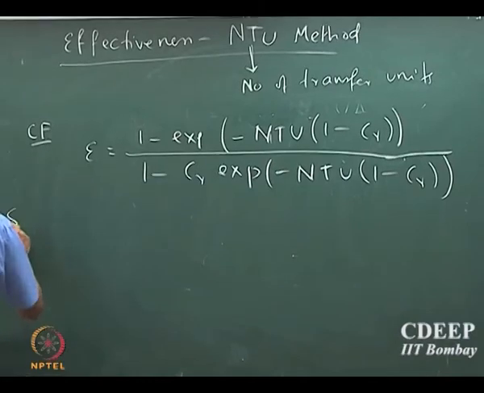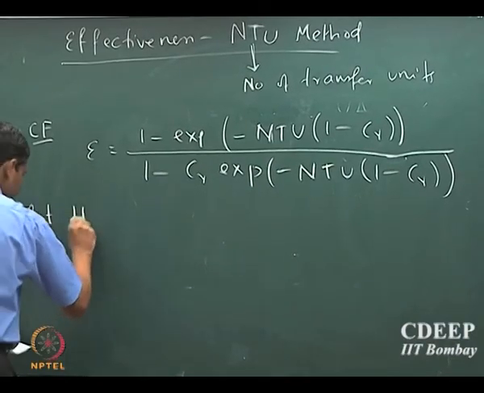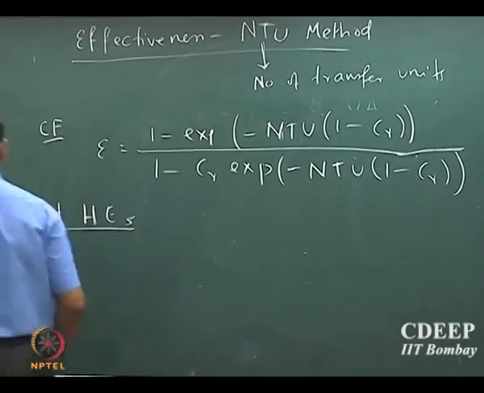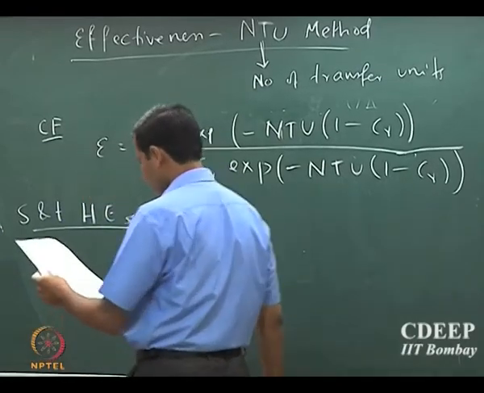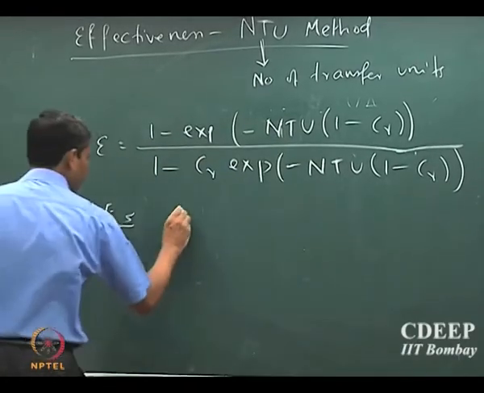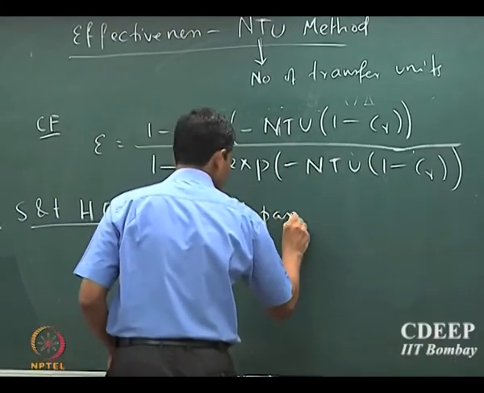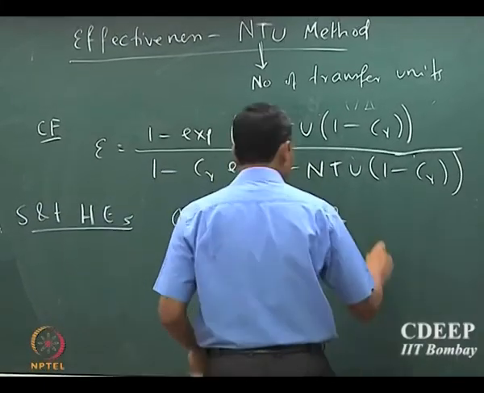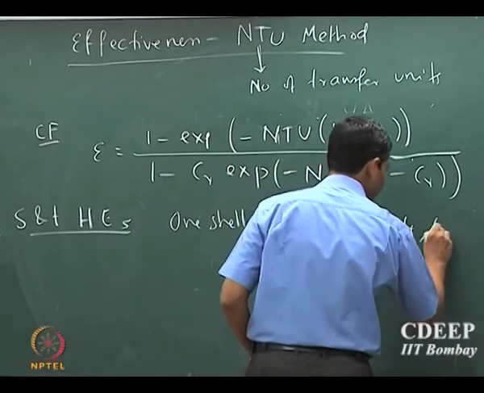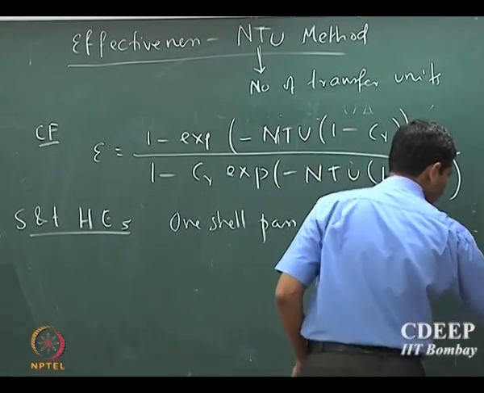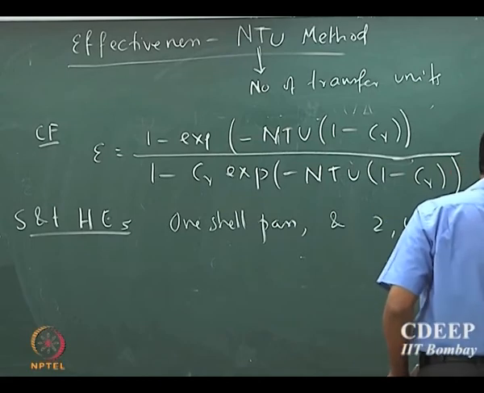And for shell and tube heat exchangers, now this is for one shell pass and 2, 4, 6, etc. tube passes. Obviously, it has to be an even number.